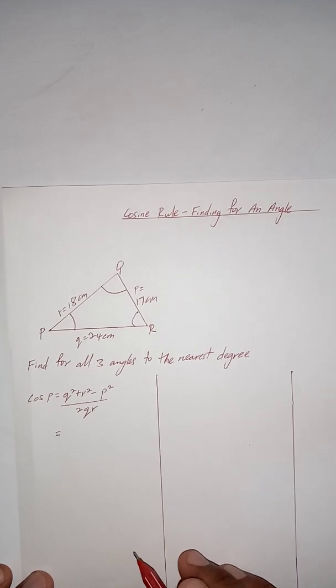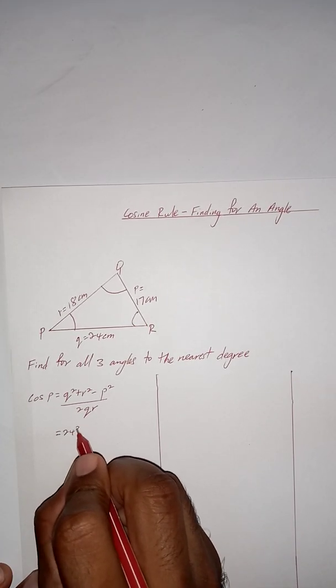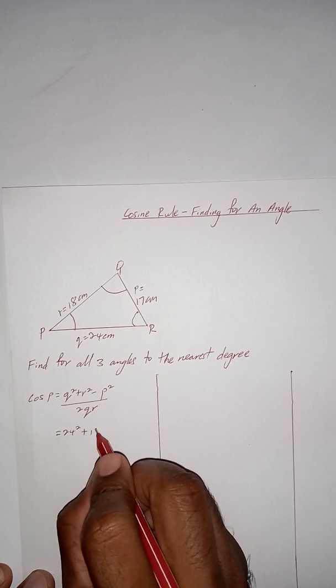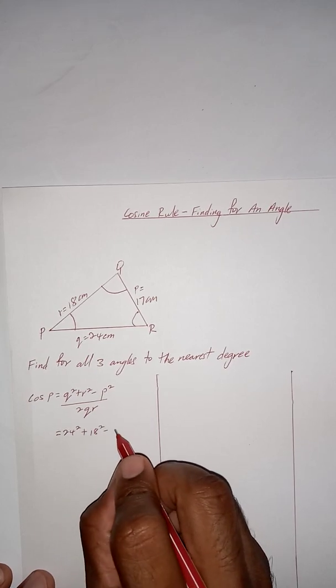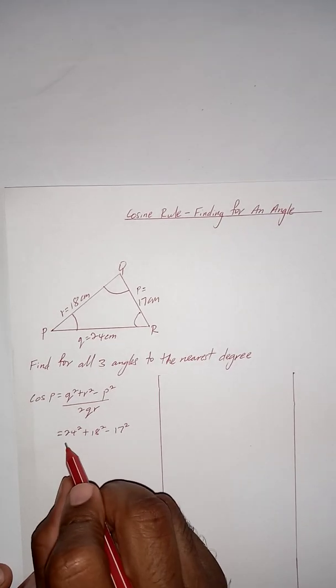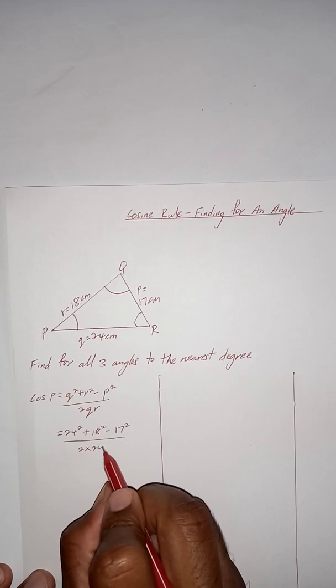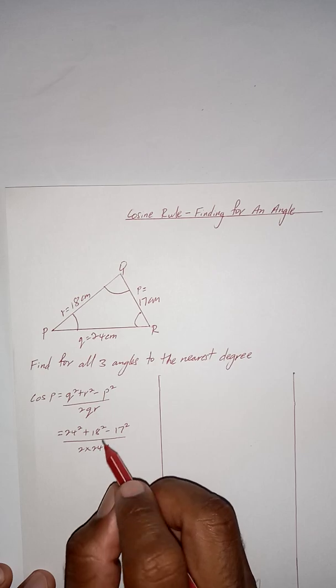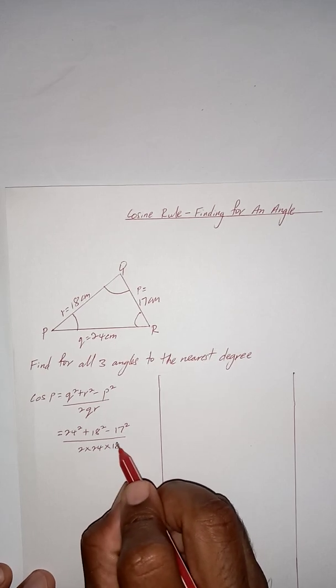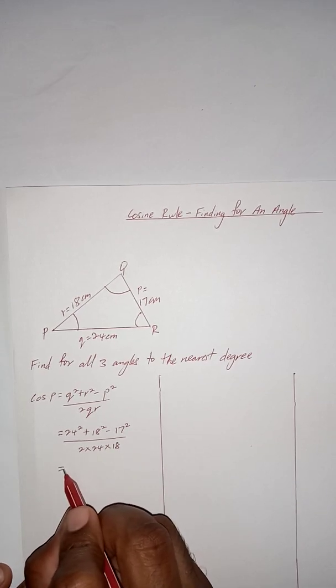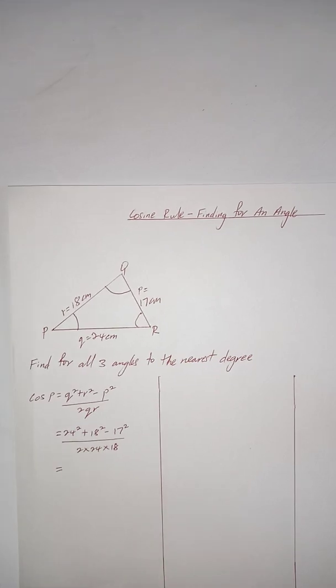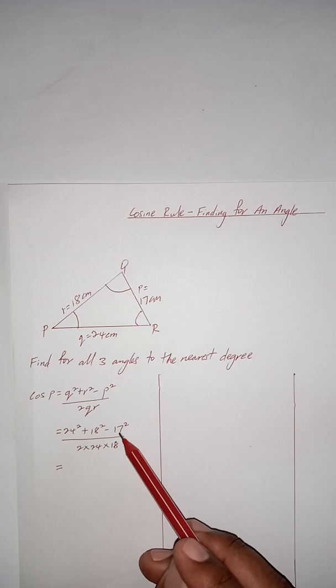Q in this case will be 24, so that will be 24 square plus R, which is 18 square, minus 17 square, all divided by 2 times 24, which is Q, times R, which is 18. Good, so all we need to do is use our calculator. So quickly, we can work all of this at once.